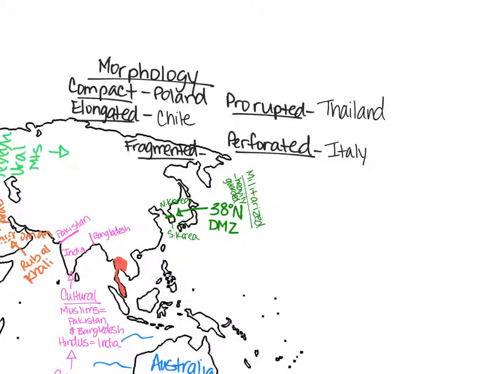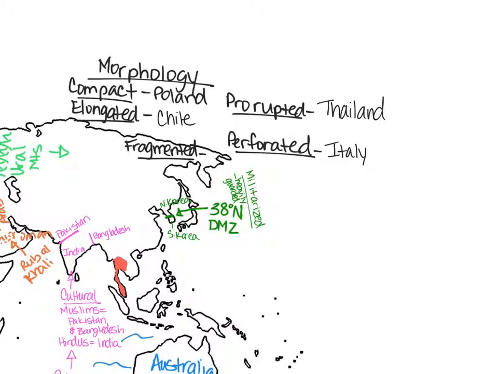Anytime a country has a little arm that's out in everybody's business trying to cut in line, right? That's a proruption. A lot of times countries will have proruptions because they're trying to not be landlocked. Like D-Rock has a proruption, it just kind of sticks its arm in between a couple of countries so it can have access to the coast. Okay, so that's what a proruption is.